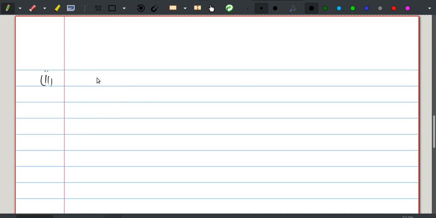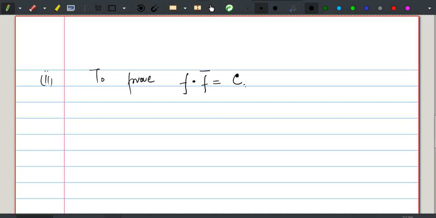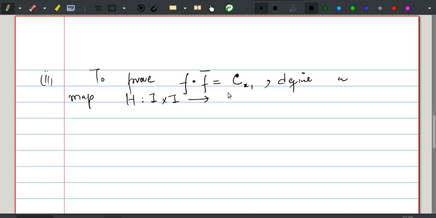To prove f product with f bar is homotopic to c_x0, define a map h from I cross I to the space X. Now to exhibit this homotopy, let us see what h does in the first place.